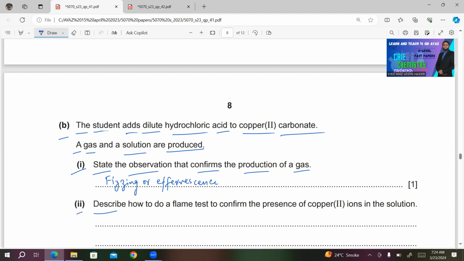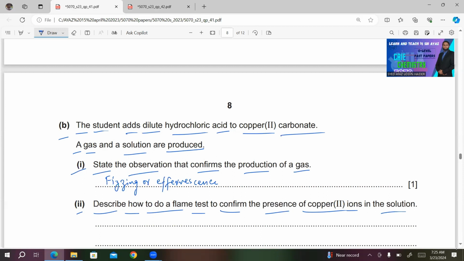Number two, describe how to do a flame test to confirm the presence of copper(II) ions in the solution. So you have a workable method: take a glass rod and make a paste of the salt with hydrochloric acid.